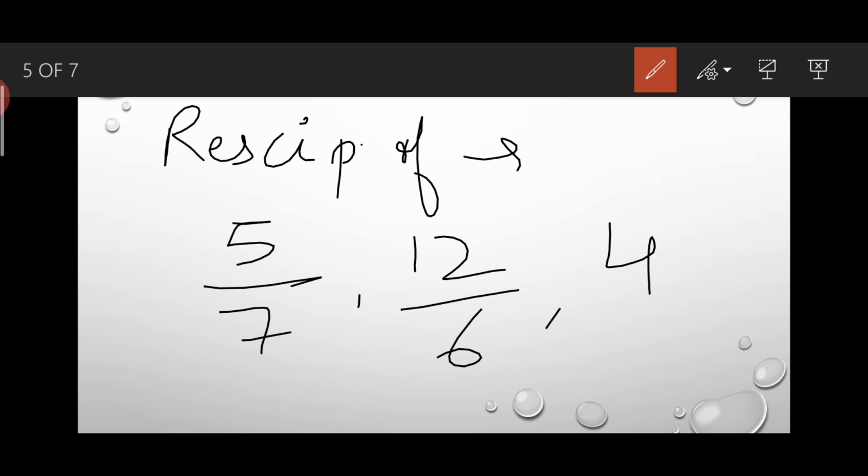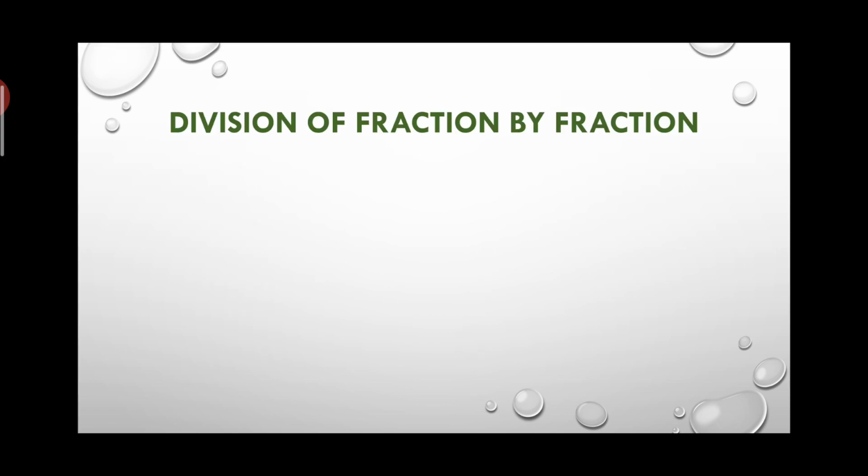Now moving on to our next topic, that is division of a fraction by a fraction. Our first topic was division of fraction by whole number. Now this is the second topic, division of a fraction by a fraction.